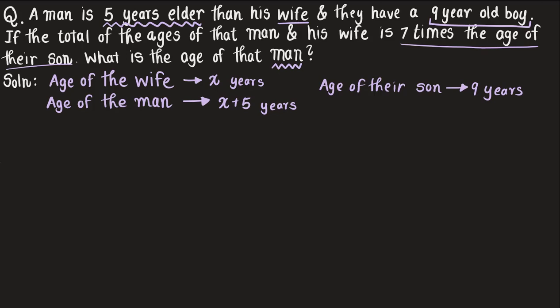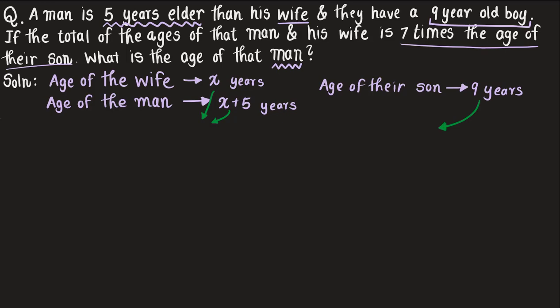So what is our equation telling us? The total of the ages of the man and the wife is 7 times the age of their son. So to make an equation, we have to use both the age of the man and the age of the wife and make their sum, and on the other side would be 7 times the age of their son.